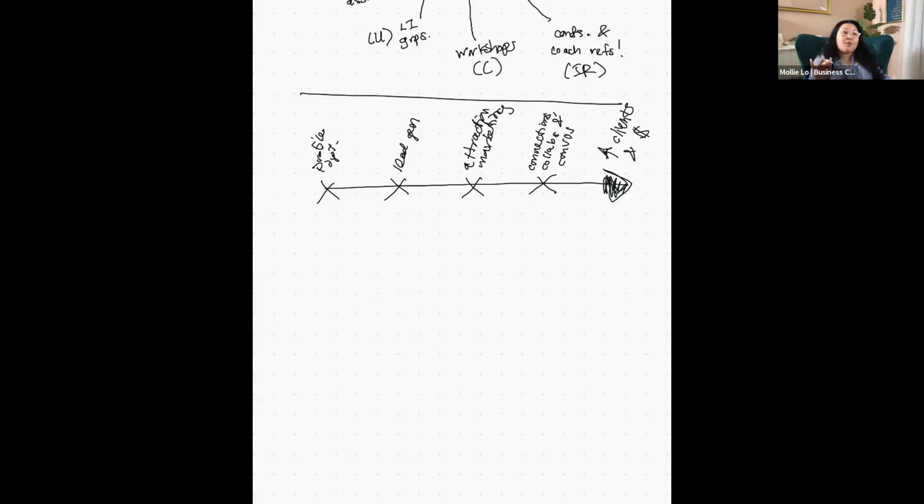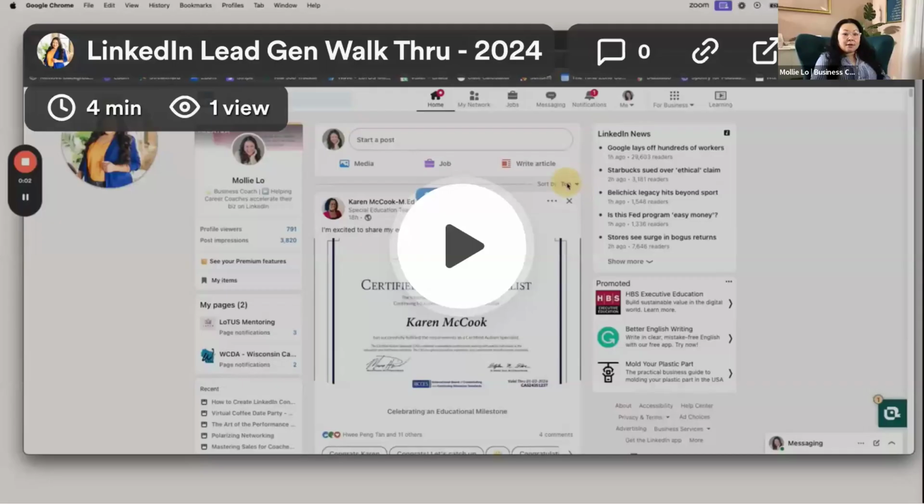This is the process of what I want for you to understand for LinkedIn strategy, high level, all right? Now, last bit here that I want to go ahead and make sure that we talk about is, and I promise we are right here, I promised you a walkthrough of how I do lead generation on LinkedIn.